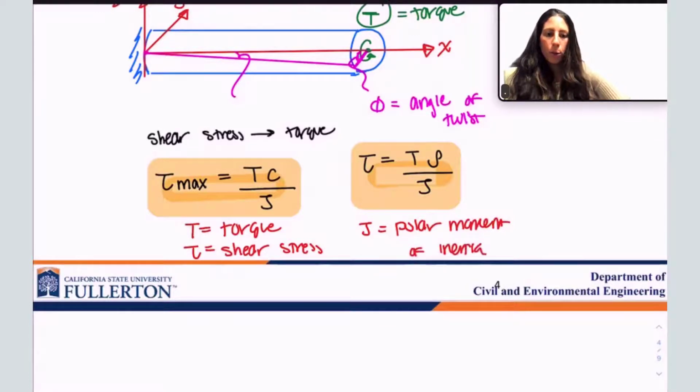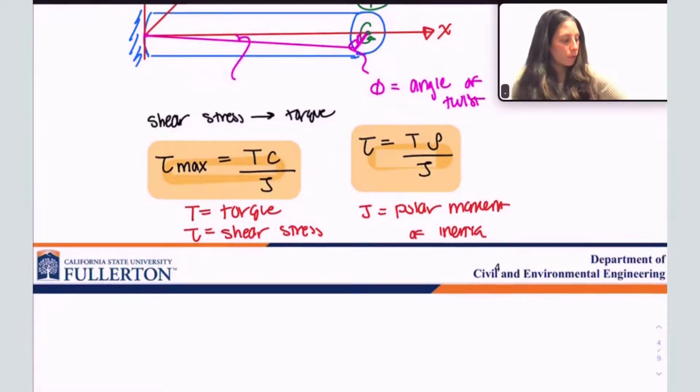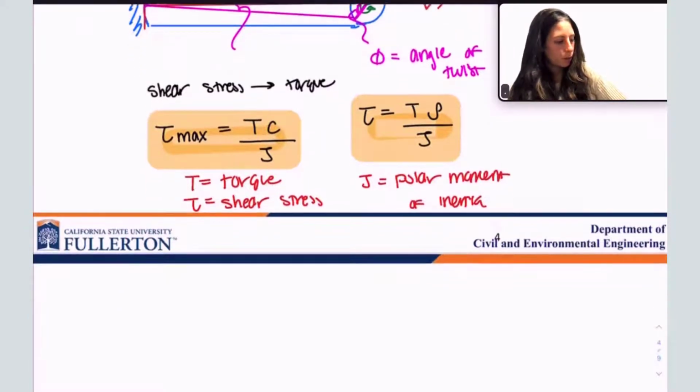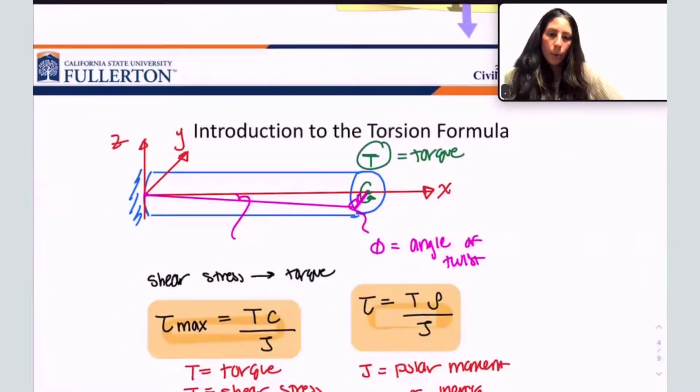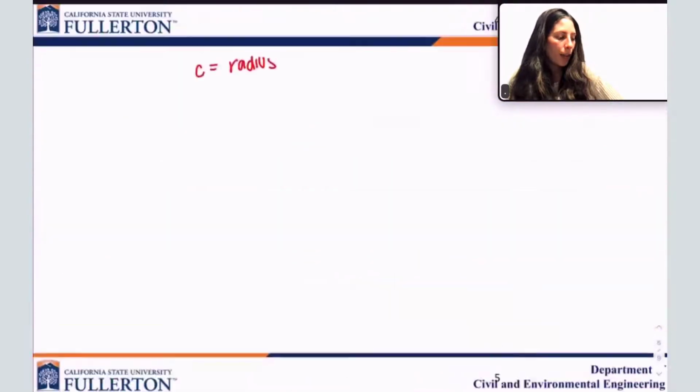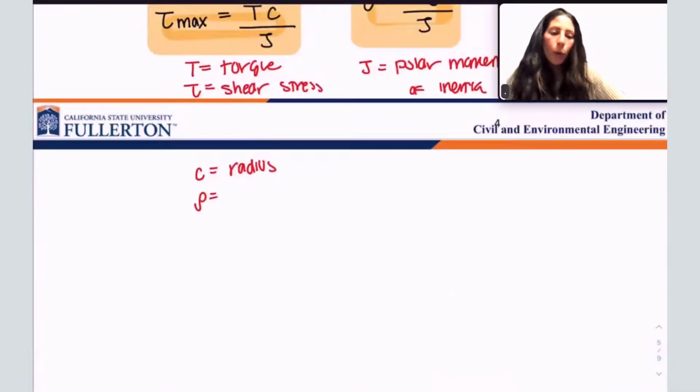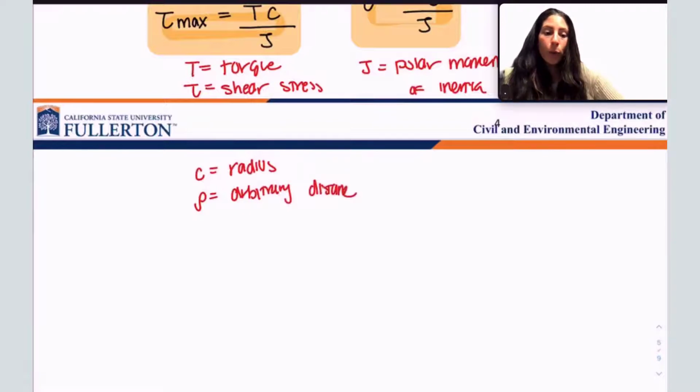And then we have c, right? c is basically equal to our radius. It's just another way of denoting R, our radius. What radius are we talking about? The radius of this circular bar. And what is rho? Rho is just any arbitrary distance that I want the stress at. Okay, rho is an arbitrary distance.